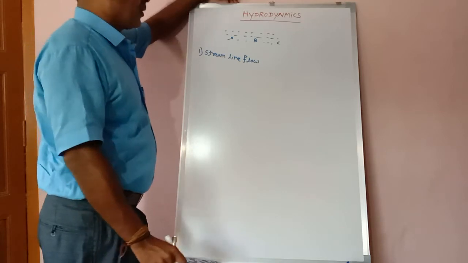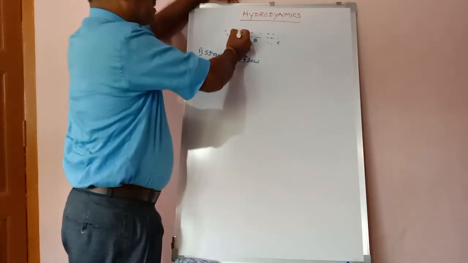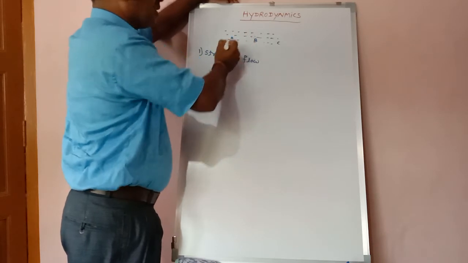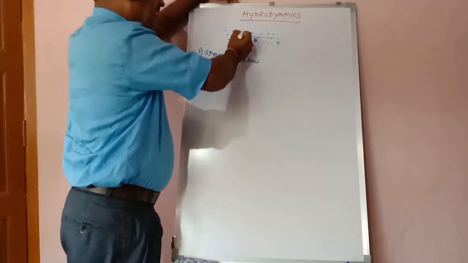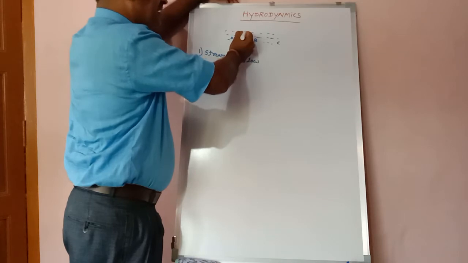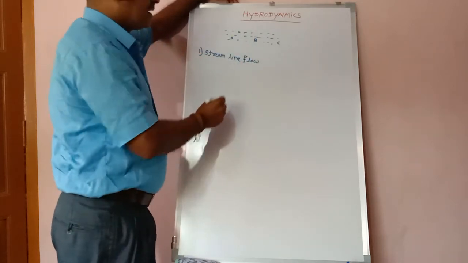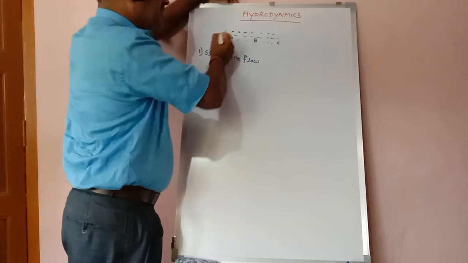Orderly flow of fluid. For example, this molecule of the fluid is here and this one is here, and this one is always leading and behind it this molecule is there.